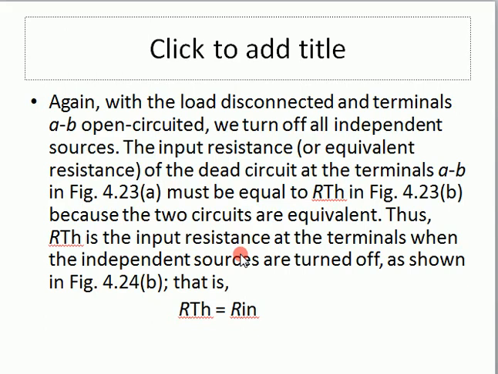So the input resistance of the dead circuit at the terminals AB, in the previous figure, must be equal to the R Thevenin, or you may say the R in resistance, because the two circuits are equivalent. Thus R Thevenin is the input resistance at the terminals when the independent sources are turned off, that is, R Thevenin is equal to R in.